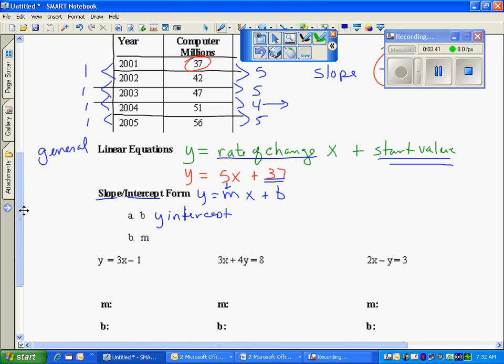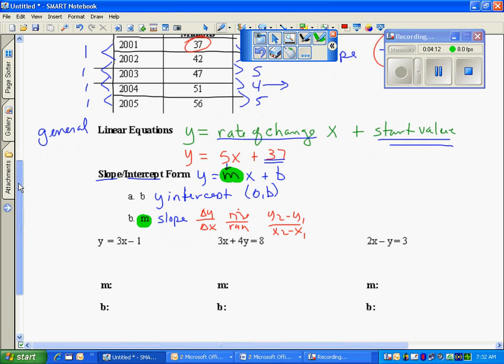If you recall, it has an ordered pair (0, b). It's where it hits my y-axis. My slope then is going to be the letter m, and it's always found in this position next to the x. That would be my slope. Slope is found by change in y over change in x, the rise over the run, or the formula y2 minus y1 over x2 minus x1.